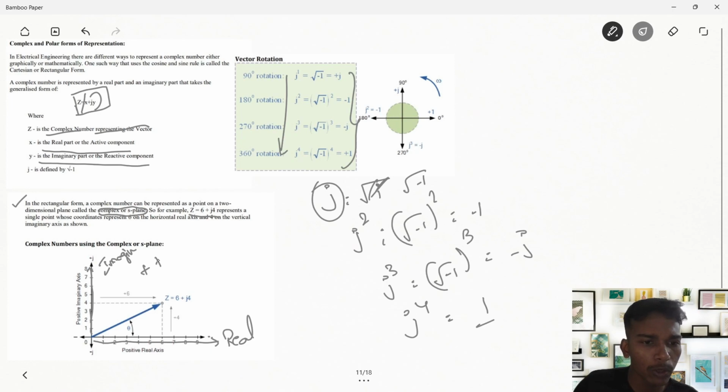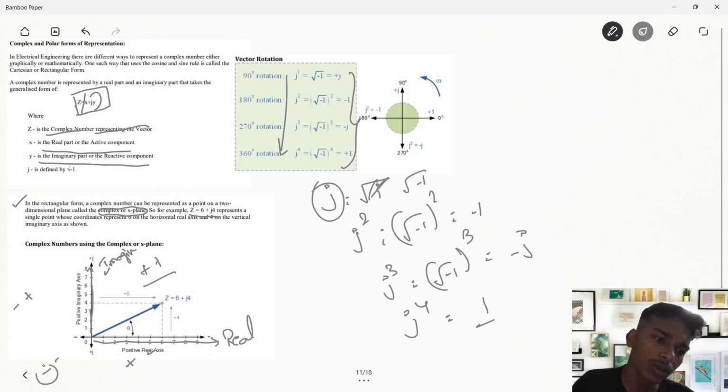Just like we have positive, negative quadrants: the first quadrant is the one in which all are positive, meaning the horizontal axis is positive and the vertical axis is also positive. In the second quadrant, the horizontal axis is negative and the vertical axis is positive.